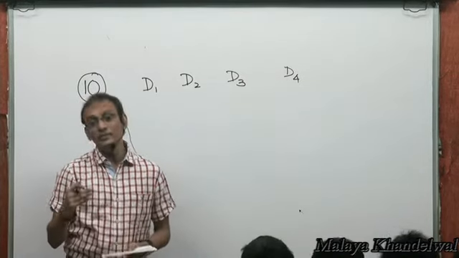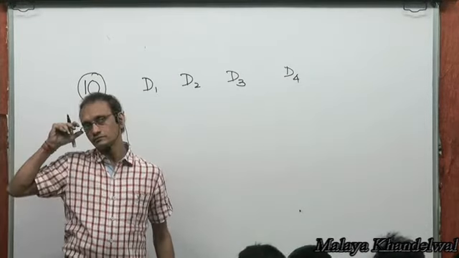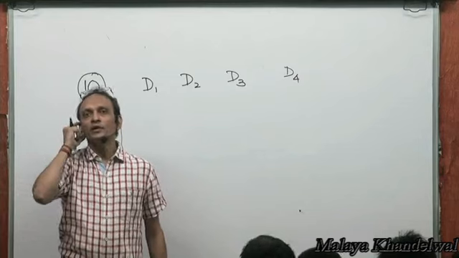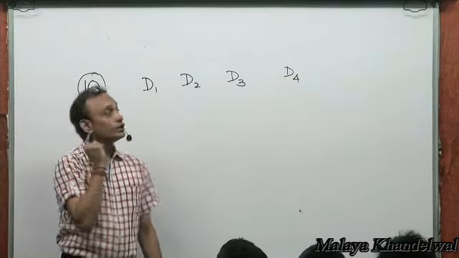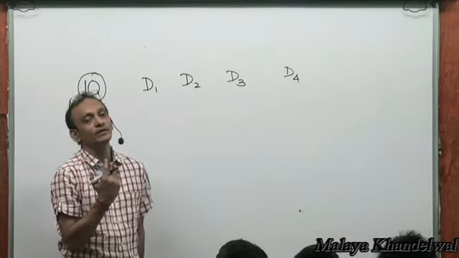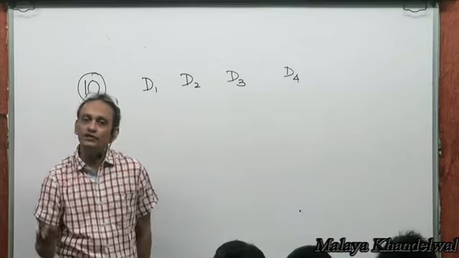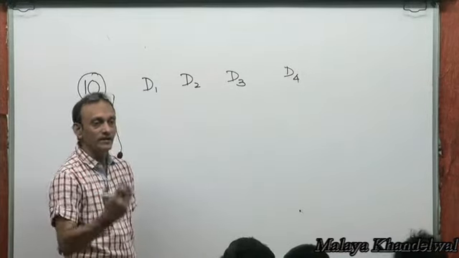Not exactly on one, but at least on one of D1, D2 or D3. Will it not be 1 minus the probability that D4 does not have anything in common with D1, D2 and D3?